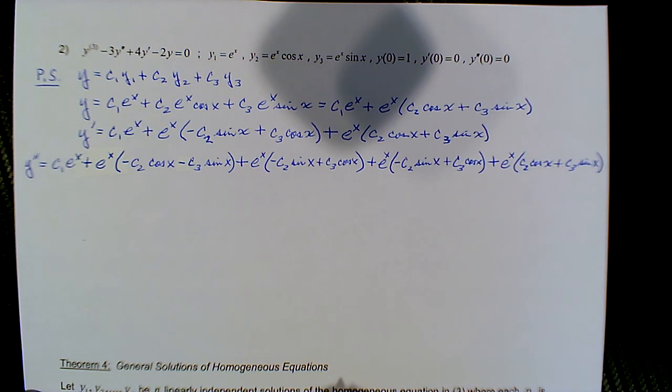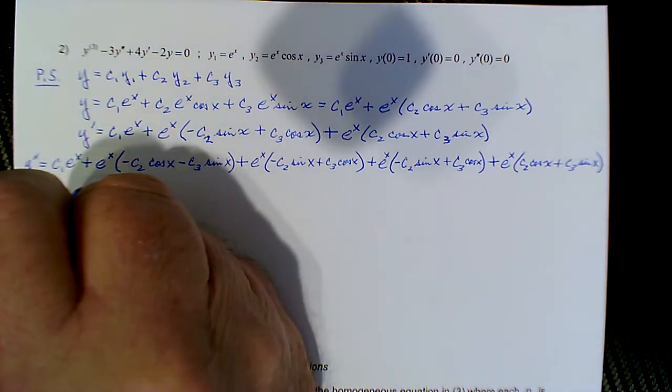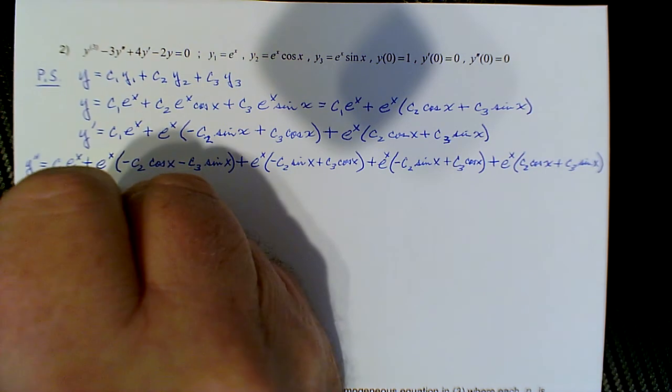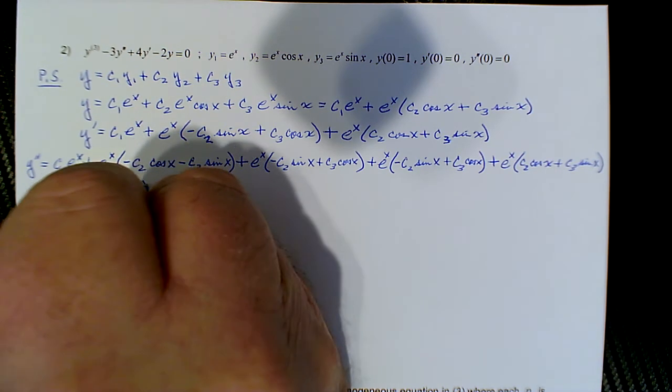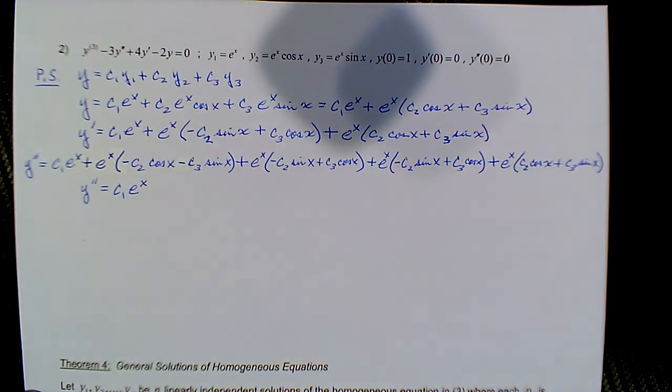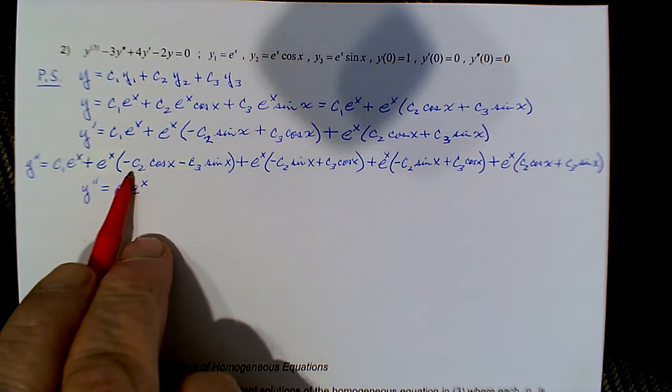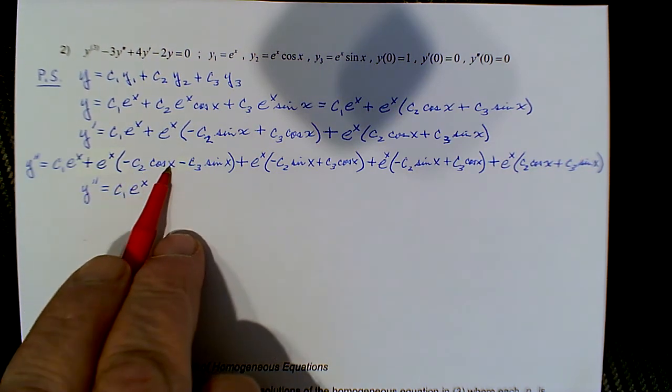Let's see if we can simplify this. It looks like we can. C1 e to the x. Let's see if we get some common things. E to the x is out in front of everything, so let's see, c2 cosines. Do I have any other c2 cosines?